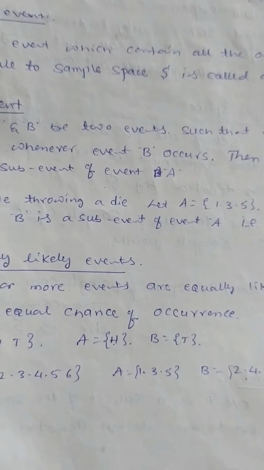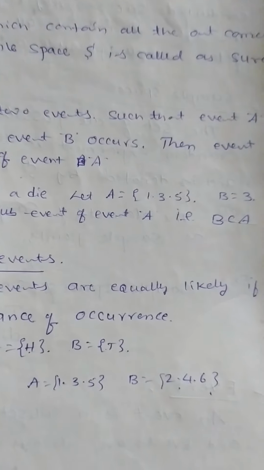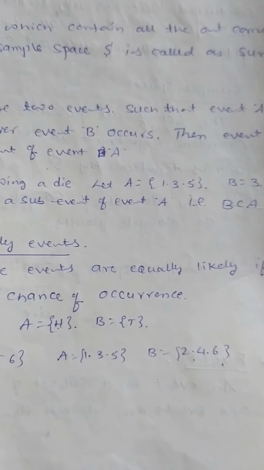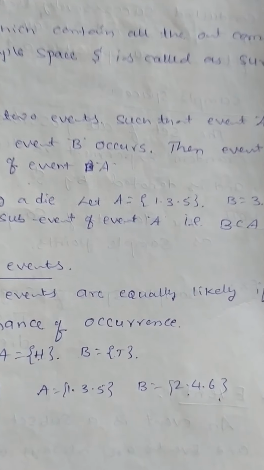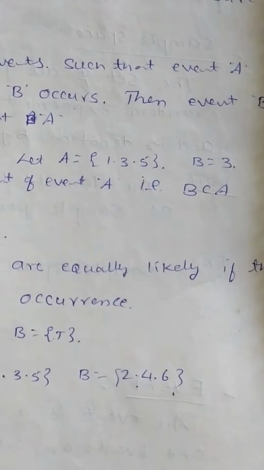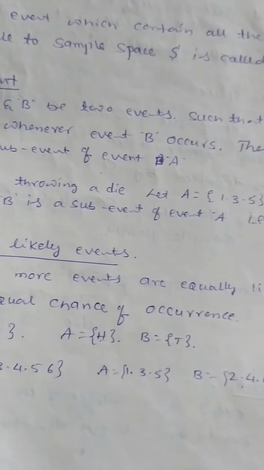Out of these, 1, 3, 5 are odd numbers and 2, 4, 6 are even numbers. The chance of occurrence is equal. Getting an odd number has only 3 outcomes, and getting an even number is also 3. These two are called equally likely events.